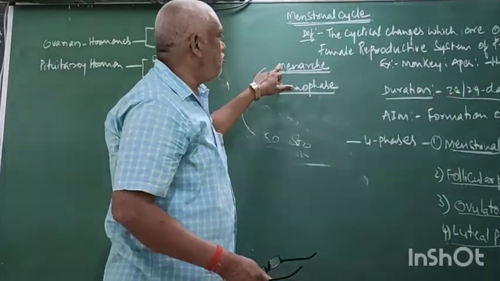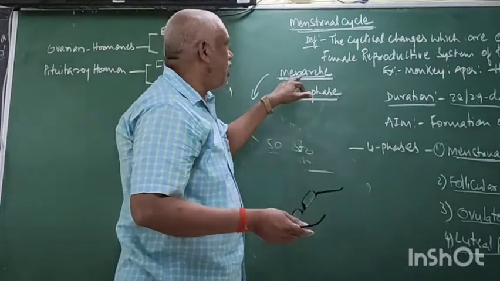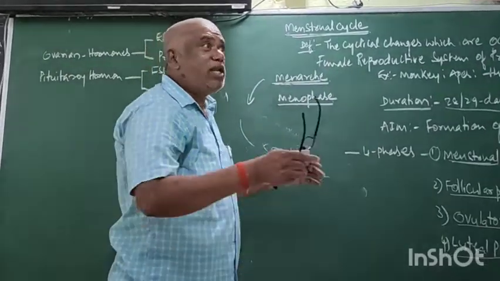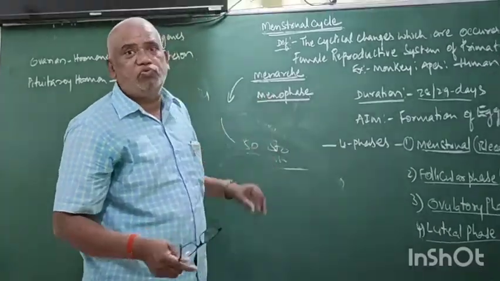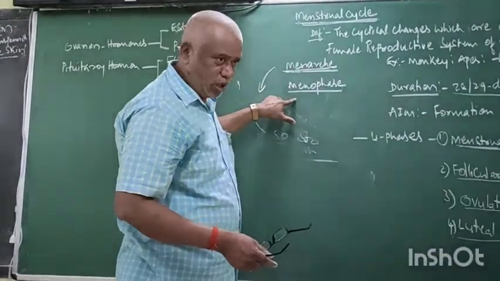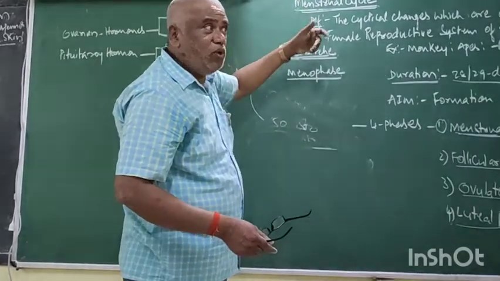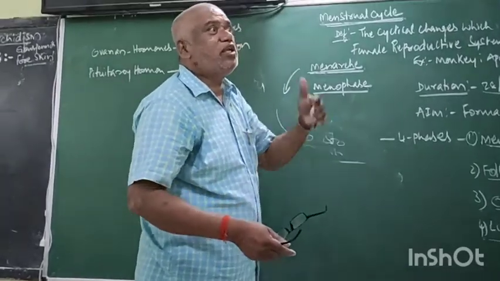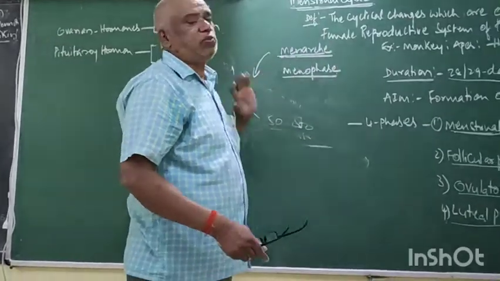Menopause. Menarche is at puberty, and menopause is at 50 years. Between menarche and menopause, the menstrual cycle is repeated every 28 or 29 days. This is the main concept.